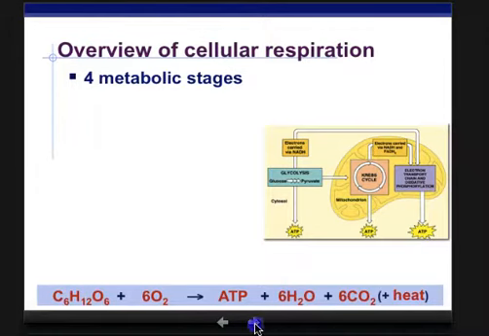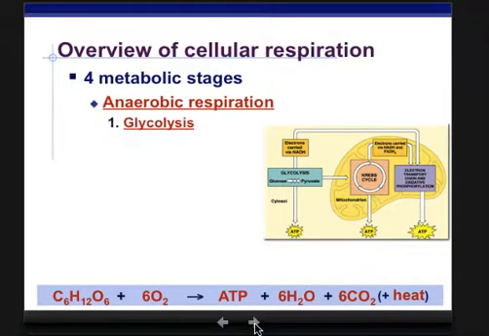The first part is anaerobic. Anaerobic means that it does not require oxygen, and that first part is called glycolysis. You've probably picked up by now that glyco means sugar and lysis means cut. So we're cutting sugar. We're going to go through the parts in great detail, so don't worry about that. This is to give you the overview.